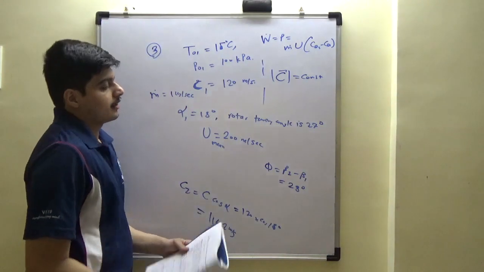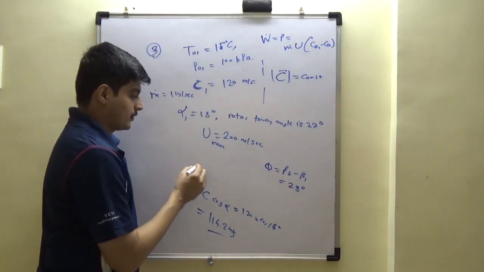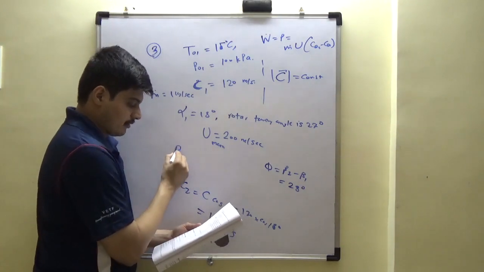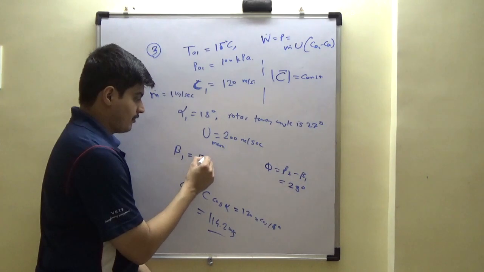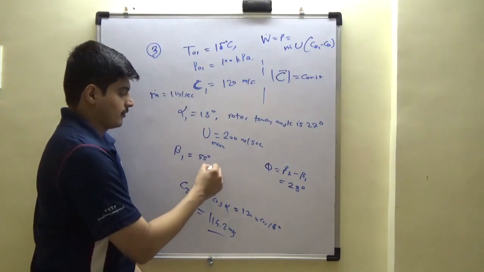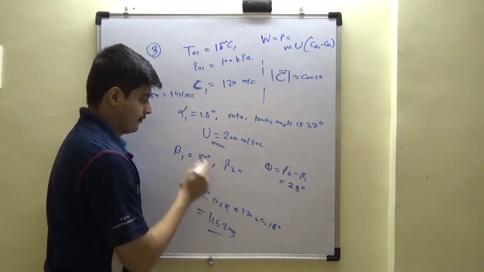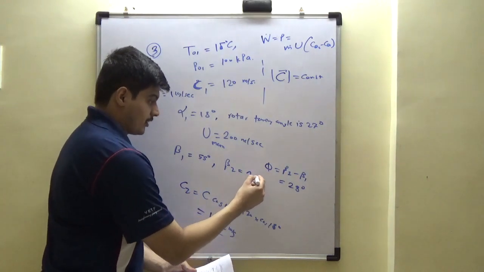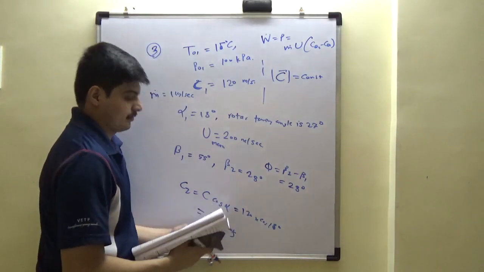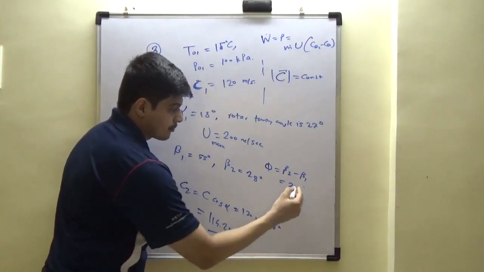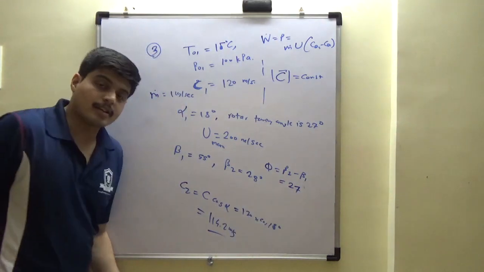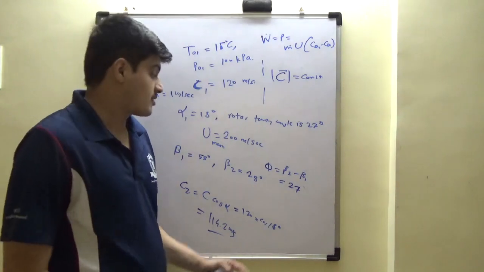Now, the turning angle is 28, right? Beta 1 is 55. What would be beta 2? 28 degrees. I'm sorry, I'm so sorry. This is how mathematical arithmetic errors may happen.